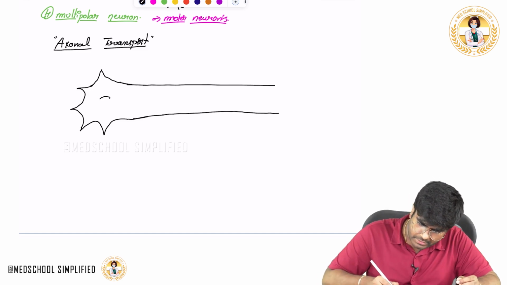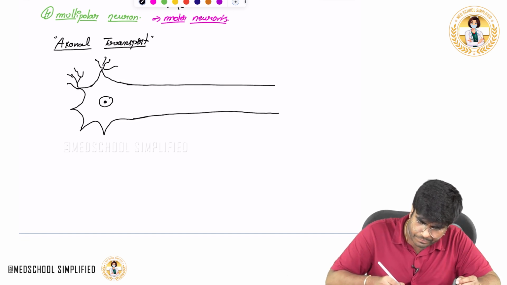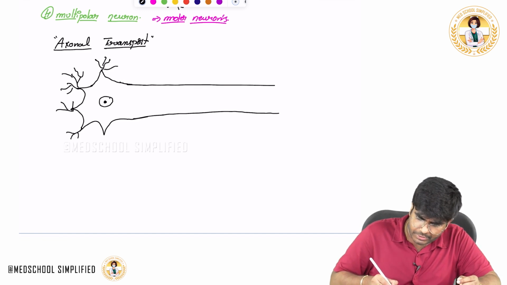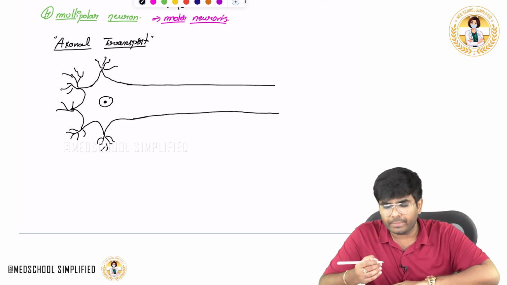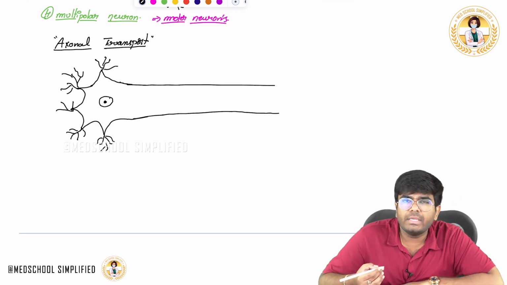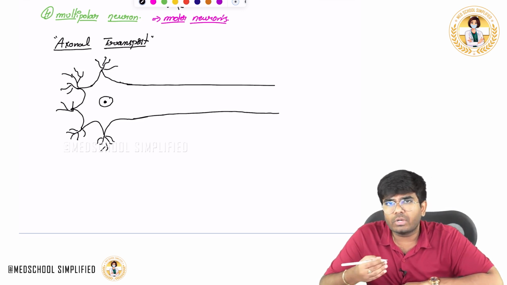Here is a nucleus. These are the dendrites. Now I am asking you, where are Nissl granules present? Nissl bodies, where are they present? These Nissl granules are present in the cell body. What are they making? They are making a protein, or they are making a neurotransmitter.